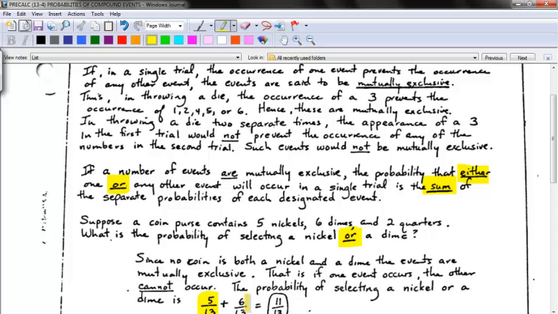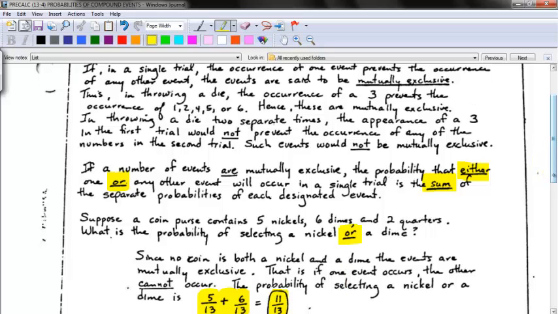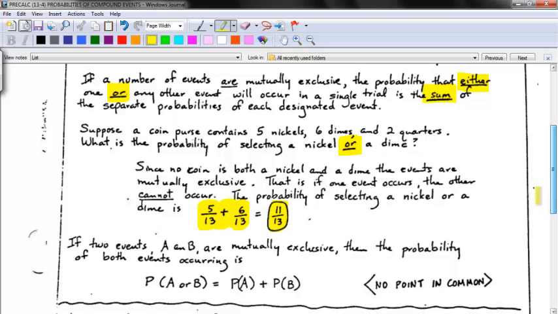Then the probability of selecting a dime: success, there would be 6 of them, total coins, success plus failure, 13. And it's the sum. If they are mutually exclusive, you add those two probabilities together. So the final answer is 11 out of 13. Mutually exclusive, you look for the keyword "or," and you add their probabilities.